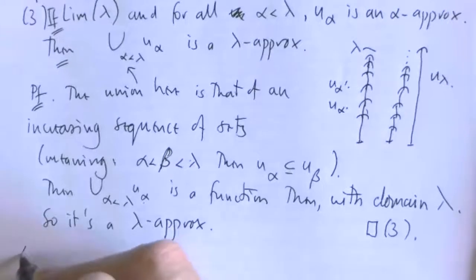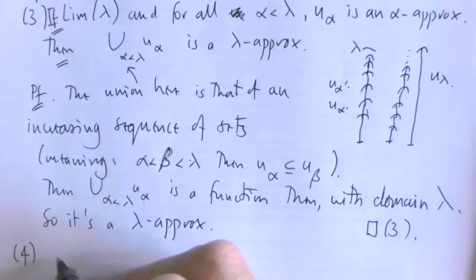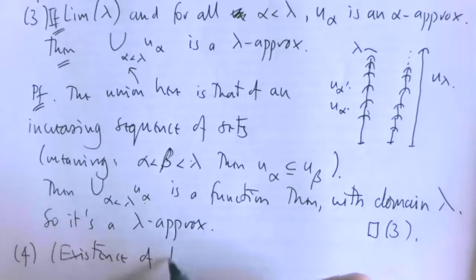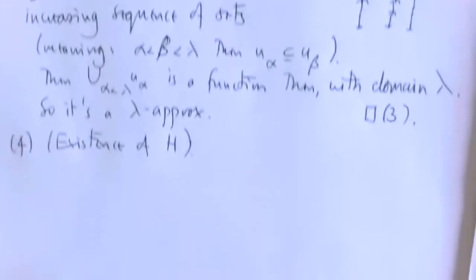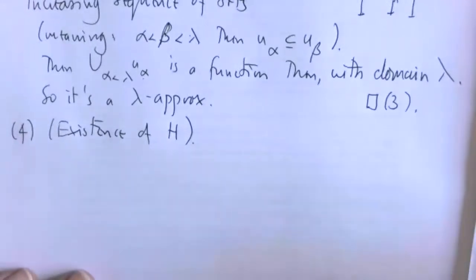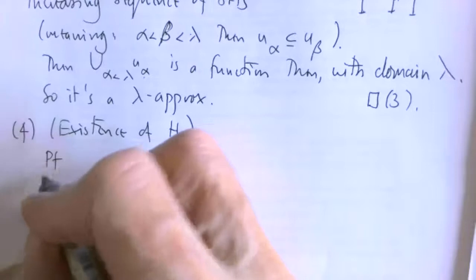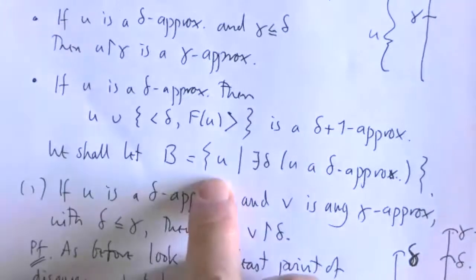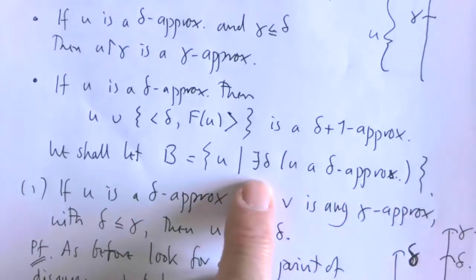So now we get existence. Existence of H. And we do what we did before. I'll take the big union of that B. What was B? B was the class of all possible approximations.